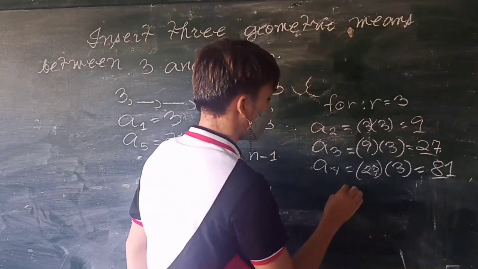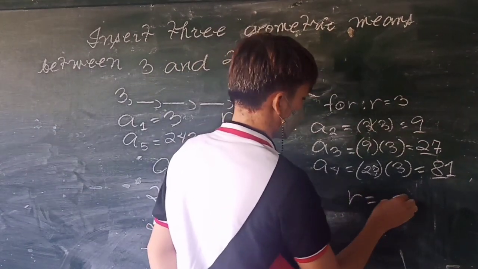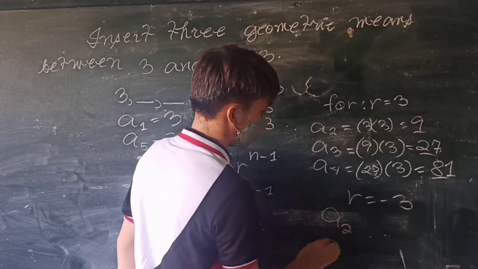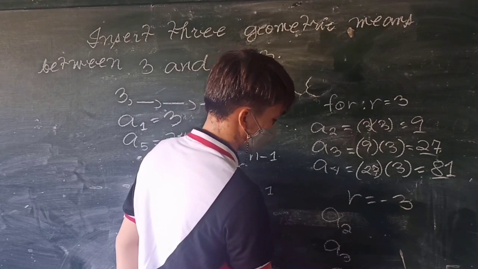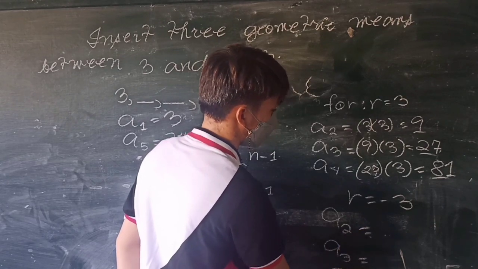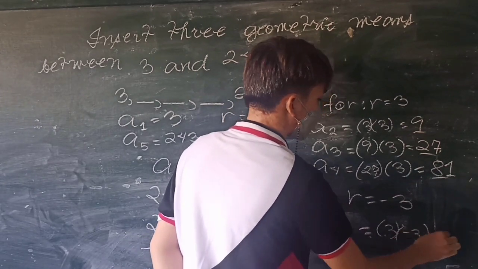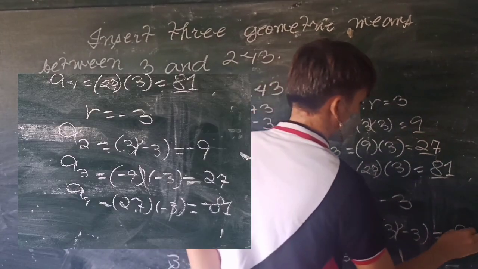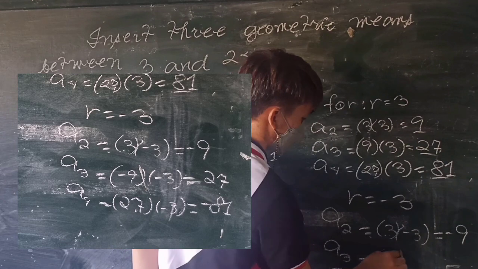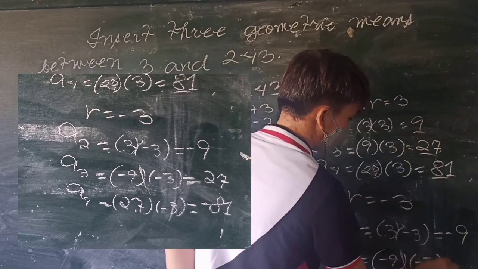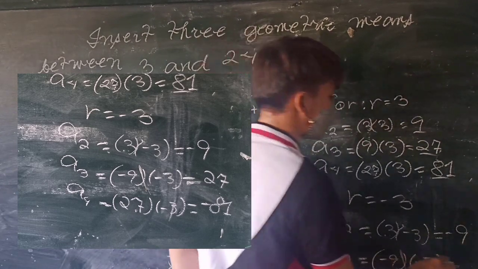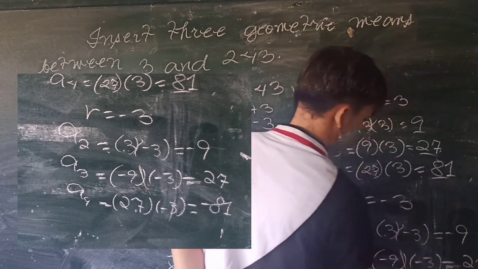Now, how about if negative 3? So, we have a sub 2, a sub 3, a sub 4. You have 3 times negative 3, which is negative 9. Negative 9 times negative 3 is positive 27.